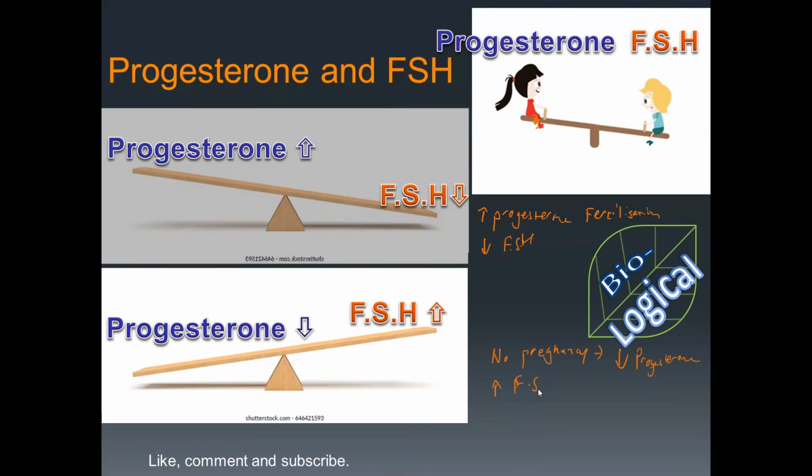And an increase in FSH will now allow a new follicle to develop in the next cycle because the woman did not fall pregnant in the current cycle. The next cycle will start and FSH will increase to prepare a new follicle for possible pregnancy in the next cycle. Right. So I hope that this has maybe clarified that process or given a better understanding of that diagram.